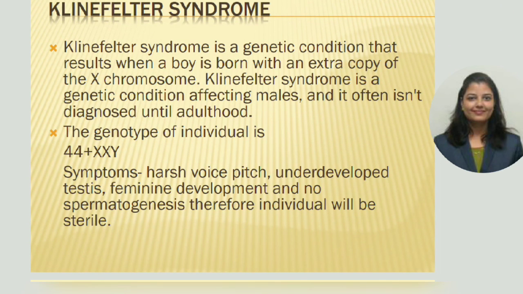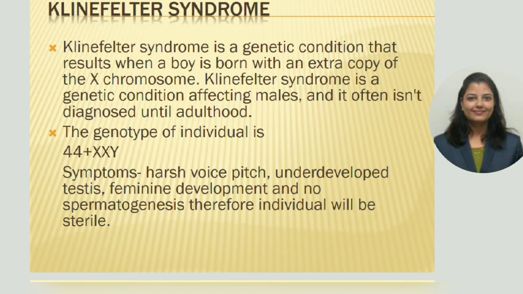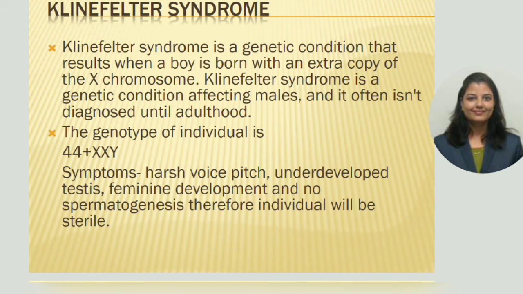The next one is Klinefelter syndrome. Klinefelter syndrome is a genetic condition that results when a boy is born with an extra copy of the X chromosome. It is a genetic condition affecting males and it often isn't diagnosed until adulthood.